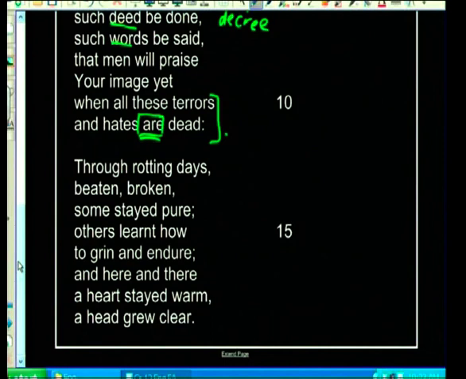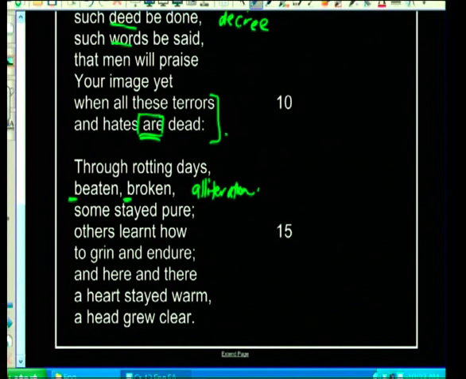In the second stanza, he speaks about the rotting days, through rotting days, beaten and broken. Here we have alliteration. And what he's speaking about in terms of what is beaten and broken, it's our country, it's the politics, it's the people.